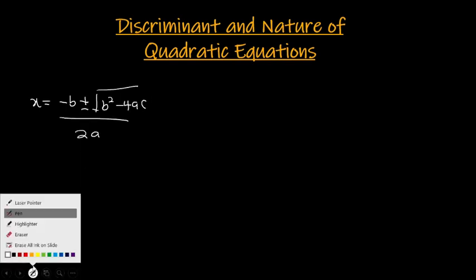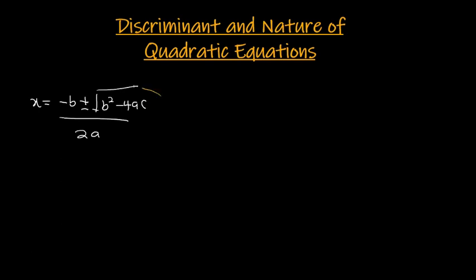Now, the expression under the root sign, which is b squared minus 4ac, is what we call the discriminant. This is the expression that tells us whether a particular quadratic equation is going to have two real roots, repeated root, or no real root, or a complex root.